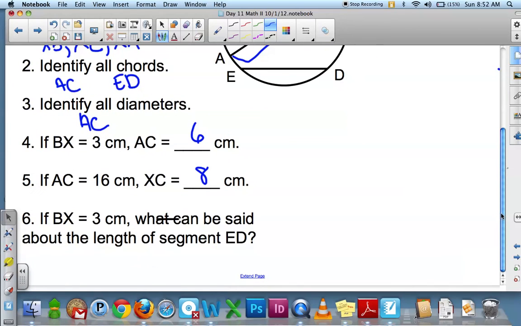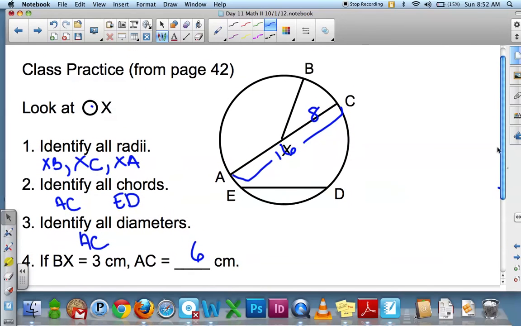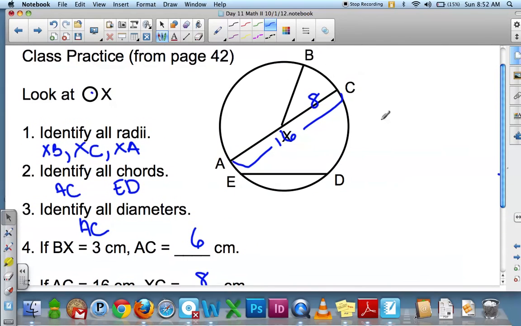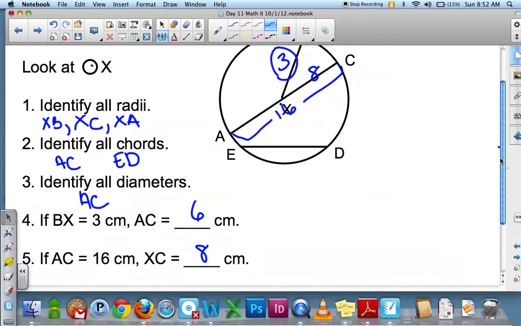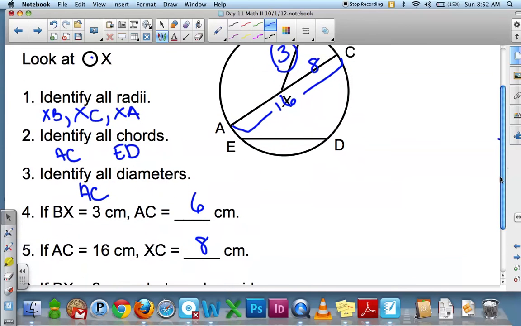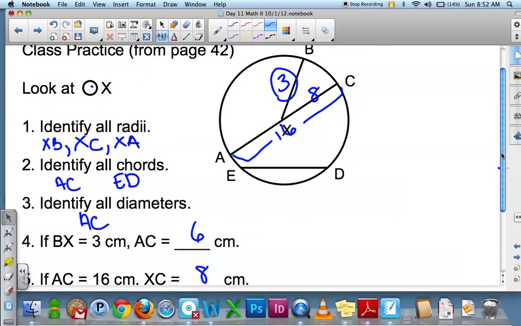Okay. Last one, it says, if BX is equal to 3, what can be said about the length of ED? So let's go back up here. BX, they say, is 3. What can be said about the length of ED? What do you guys think? Well, in this case, it's not a diameter, so it can't equal 6.